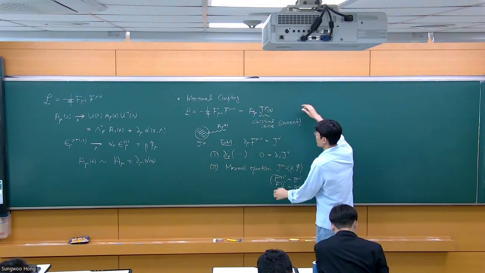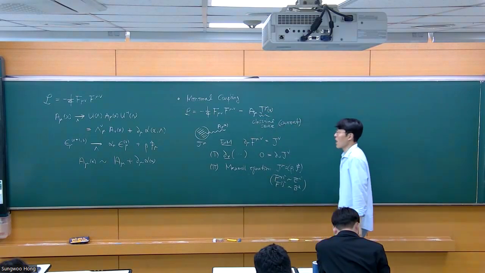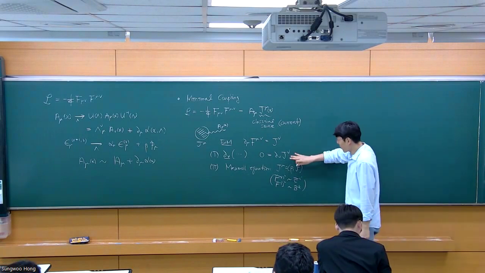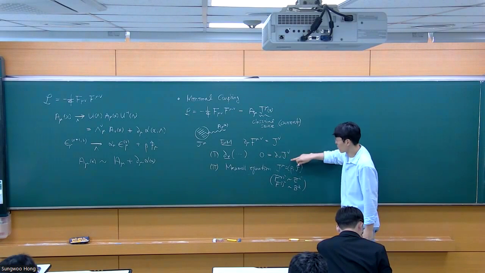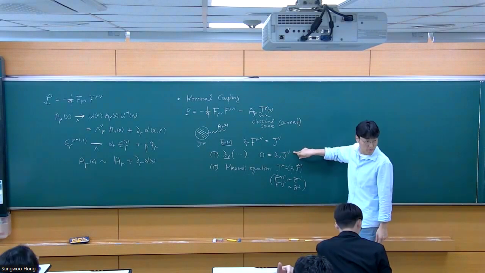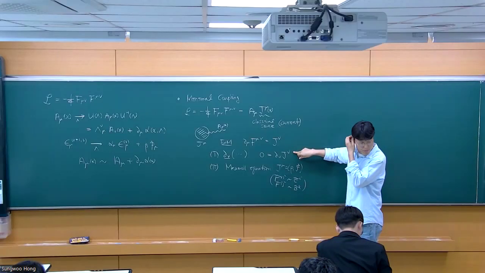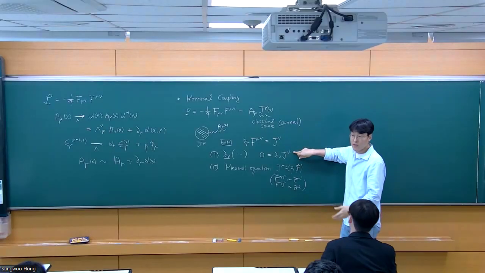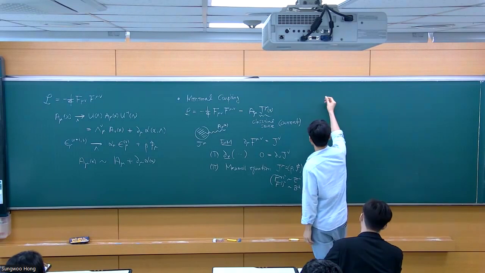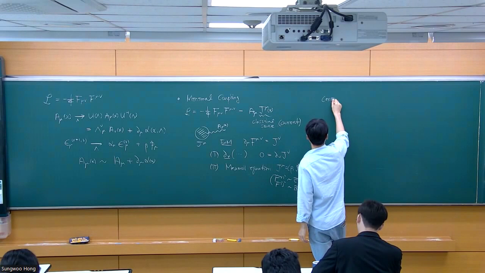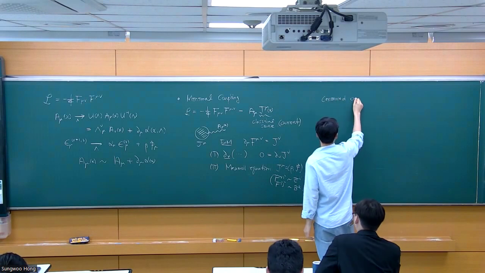So now, how do we actually run the machinery for deriving a minimal coupling? This is the lesson. No matter what that is, it looks like it should come from a conserved current. And then if you ask yourself, how can you get a conserved current? We know how to get a conserved current. You already know.